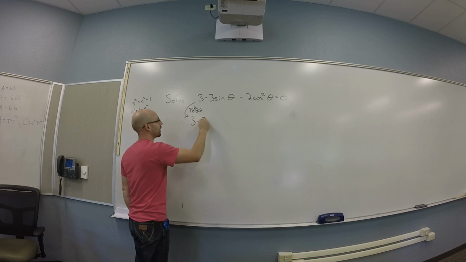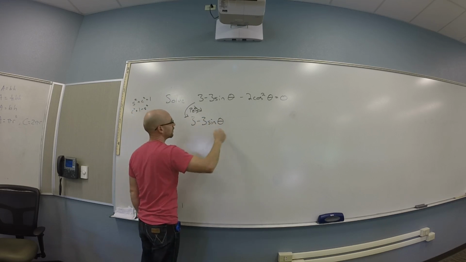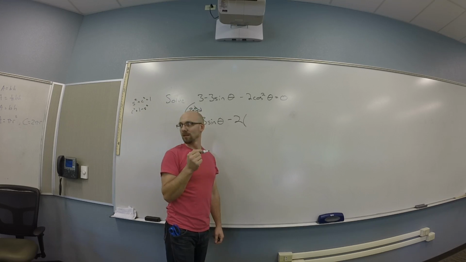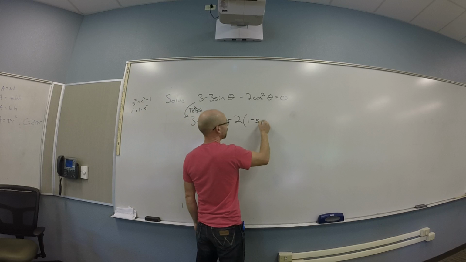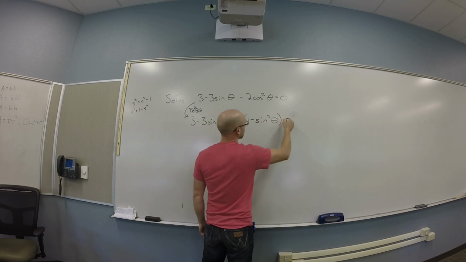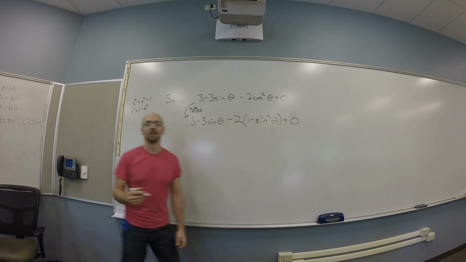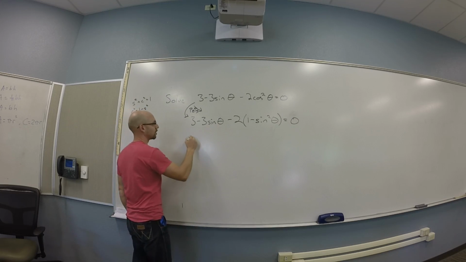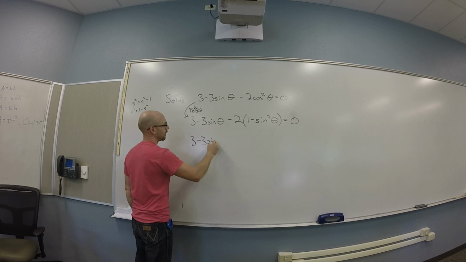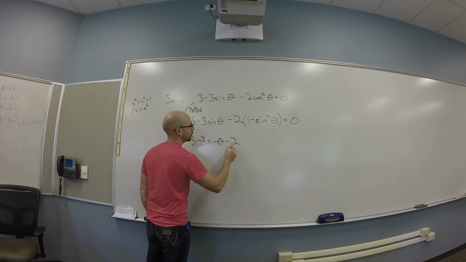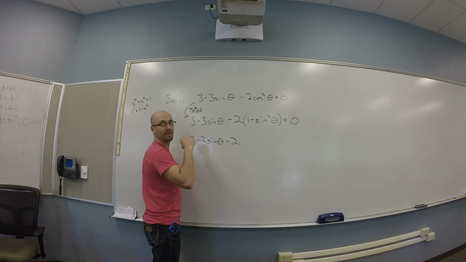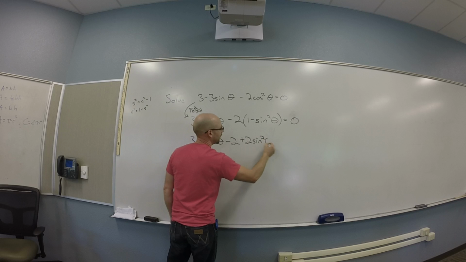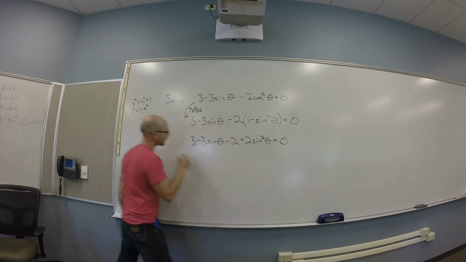So I've got 3 minus 3 sine theta minus 2 times 1 minus sine squared theta, which is supposed to equal 0. Then what? Distribute. So I get 3 minus 3 sine theta minus 2, plus 2 sine squared theta, because it equals 0.